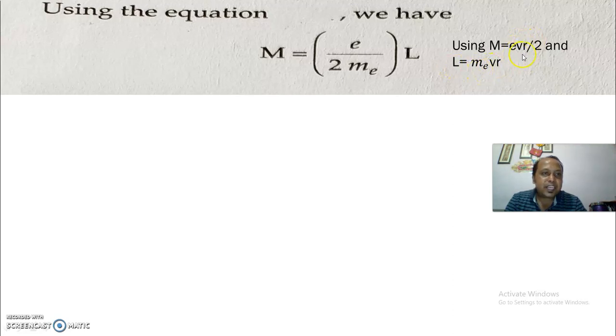So if we replace VR here, what will be the value of M that we will be getting? Here we are writing VR as L by m_e, and putting this value of VR here. So the value of M will be E by 2 into L by m_e. So we put this value and we get the value of M here as shown. I hope this is very clear to you.